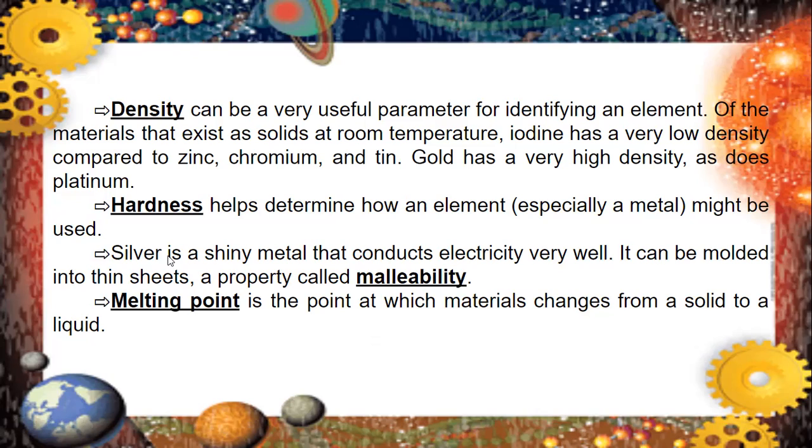For malleability, it can be molded into thin sheets without breaking. The very best example for a malleable object is silver. Silver is a shiny metal that conducts electricity very well. Next is our melting point. Melting point is the point at which a material changes from solid to liquid.